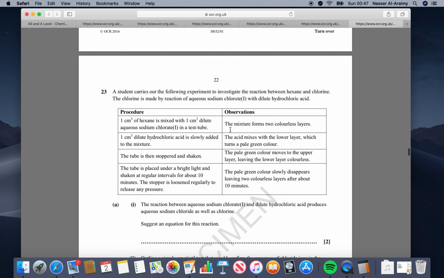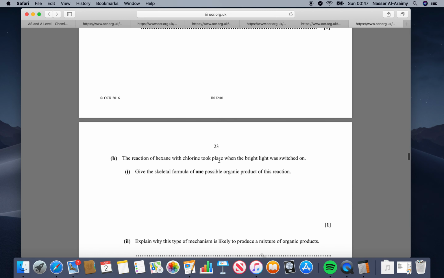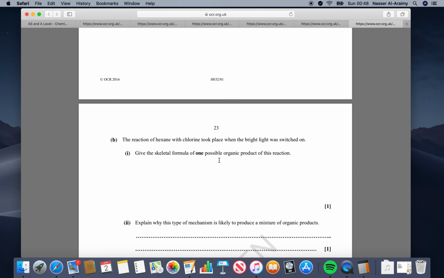What does that mean? Look at your observations. What does that mean in terms of reactivity? What's going on? Know what the skeletal formula is. Don't draw out the full structure. Shape: you need to make sure that you know what's what.